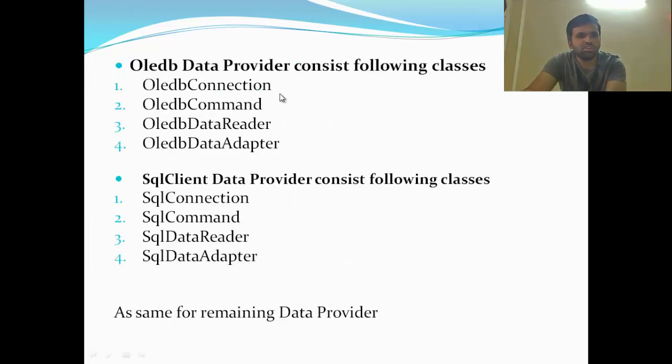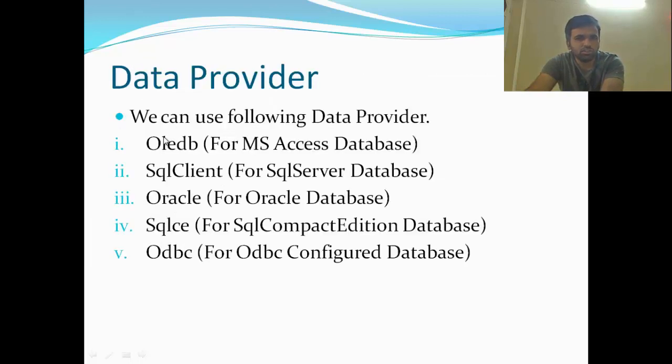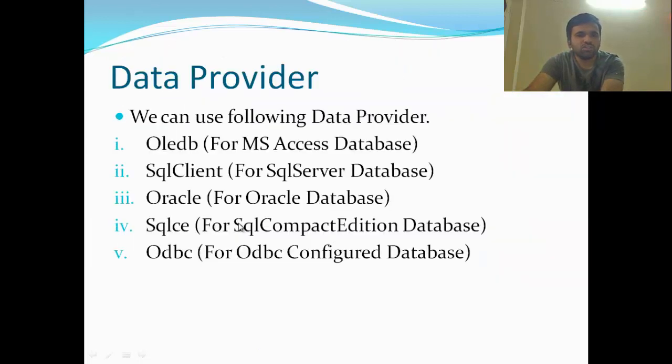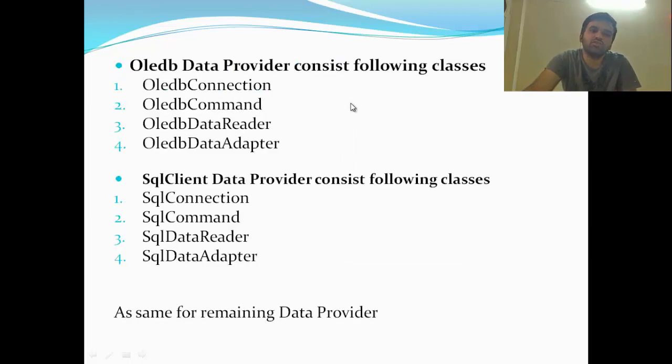Okay, now we move forward. You can see there are different providers: OLEDB, SQL client, Oracle, SQLC, ODBC. Each provider has 4 classes, as we have seen in the figure: connection, command, data reader and data adapter. After enabling a namespace in our application, we can access these 4 classes. For example, if our database is OLEDB MS Access, then we can use these 4 classes: OLEDB connection, OLEDB command, OLEDB data reader, OLEDB data adapter.